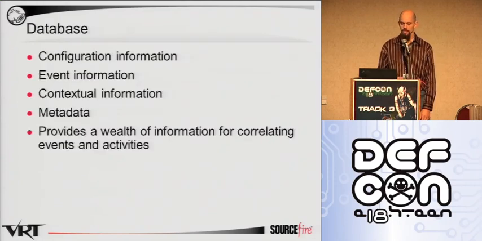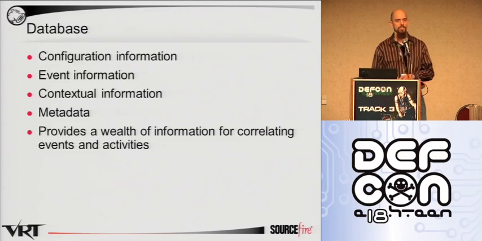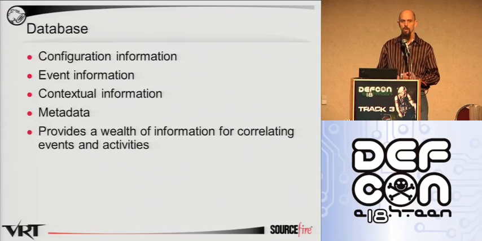Okay, it's database driven. A lot of the data that's in there is kind of what you'd expect. It has configuration information, of course, the different types of metadata, so you can keep track of not only what data is in there and event data, but also kind of why. There's information in there as simple as DNS queries.